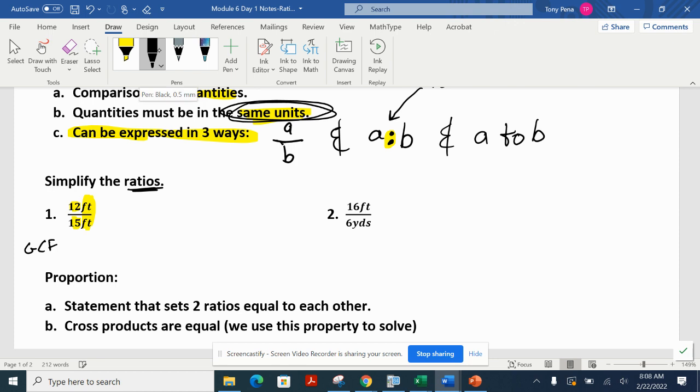That's basically the biggest number that goes into these two. Our greatest common factor is 3. That's the biggest number that divides evenly into both of those. So since 3 is our common factor, 12 divided by 3 is going to be 4 feet. 15 divided by 3 is going to be 5 feet. So that reduces down to be 4 feet for every 5 feet. All right.